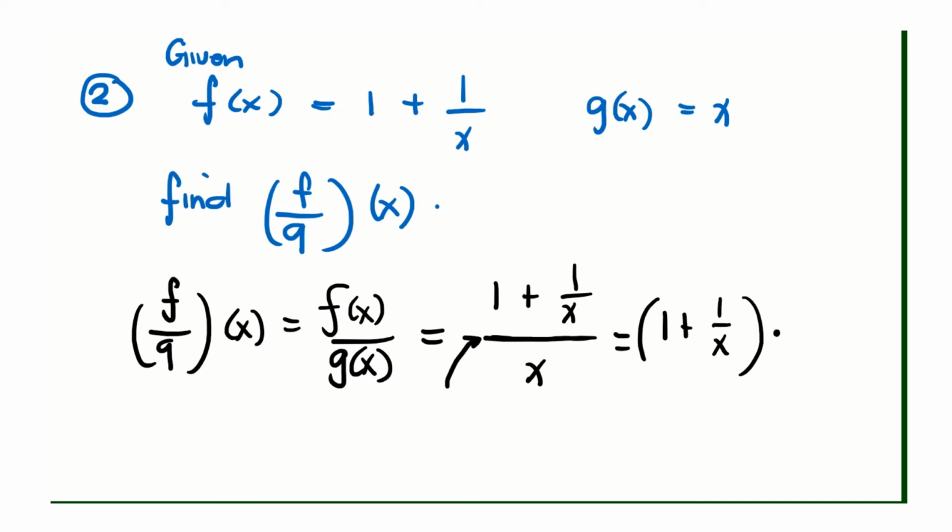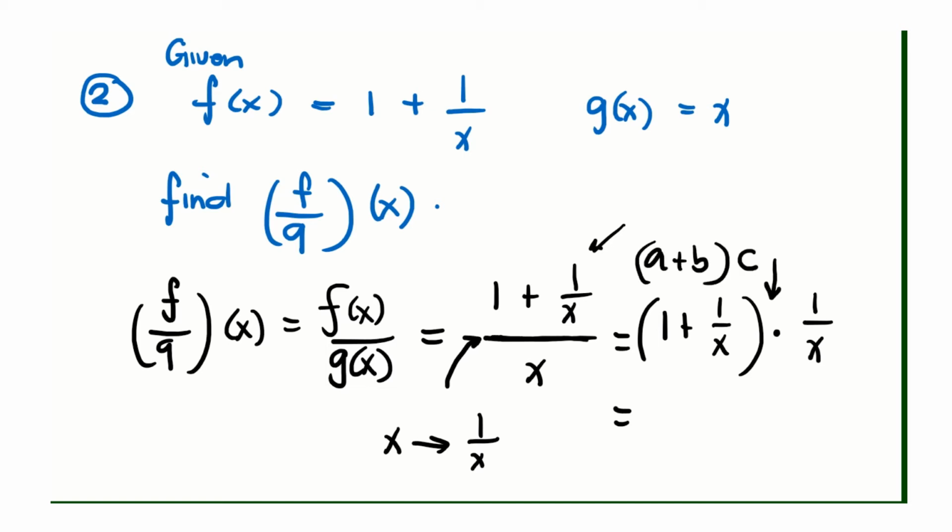So 1 plus 1 over x, the division becomes multiplication, and you multiply by the reciprocal of x, which is 1 over x. So this is times 1 over x. And then you distribute, because you have a plus b times c. This is a, b, and c.